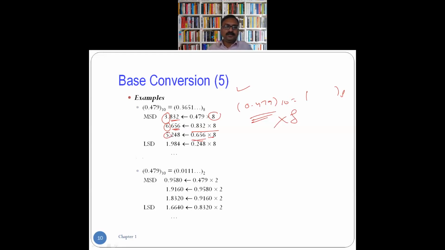You proceed like that. The first digit 3 is the MSD, so you get 0.365 and so on in base 8.